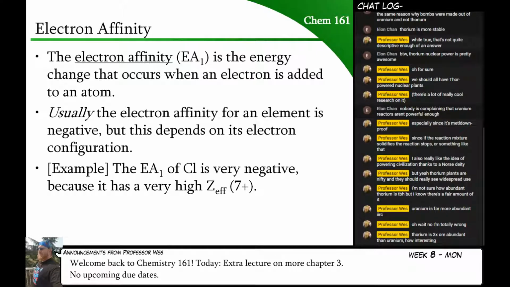For example, chlorine loves electrons, which we're going to find out in Unit 4 when we make ions. Chlorine always becomes Cl-, fluorine always becomes F-, and so on. And so dropping an electron into chlorine produces a lot of energy.